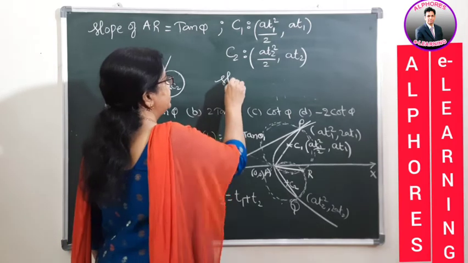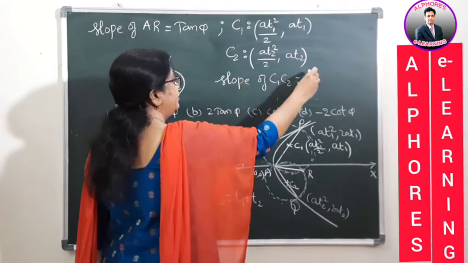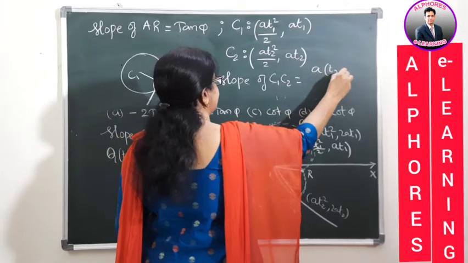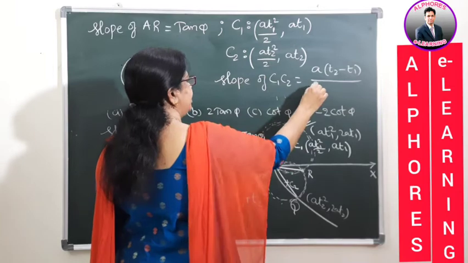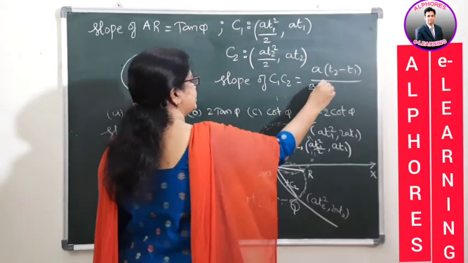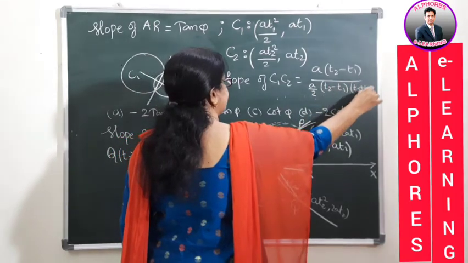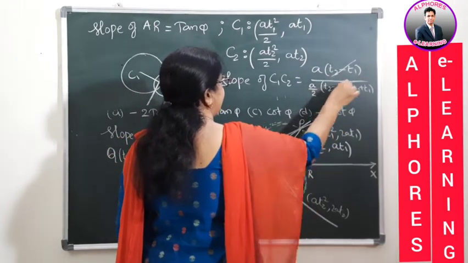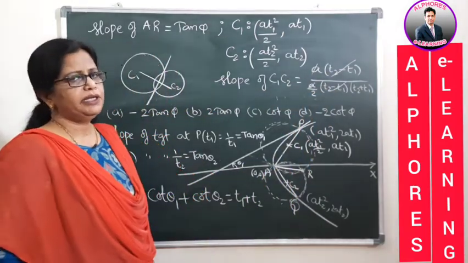So slope of C1 C2, I am finding first of all. This is equal to a into T2 minus T1 divided by a by 2 into T2 square minus T1 square, which we can write as T2 minus T1 into T2 plus T1, okay. Now these two values cancel, it is nothing but 2 divided by T1 plus T2.